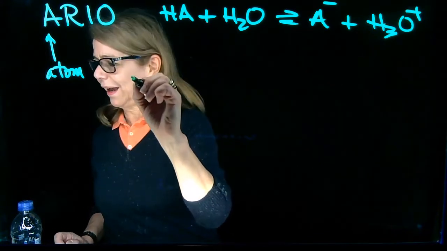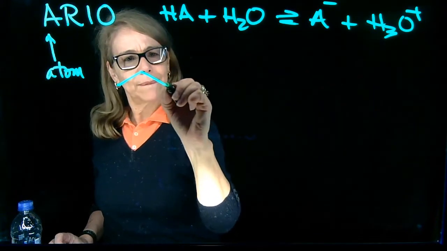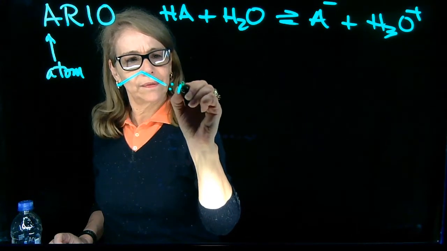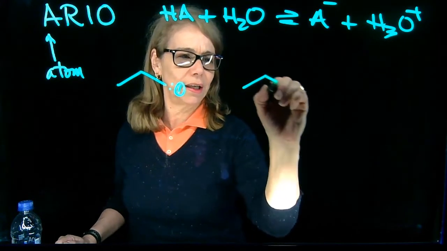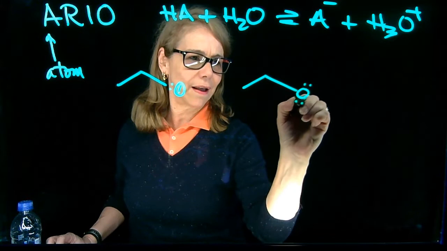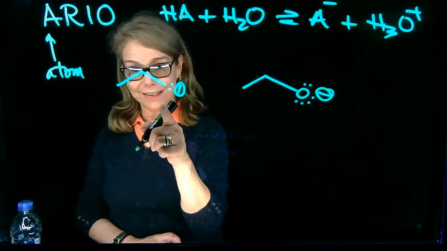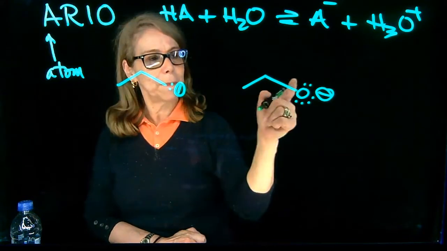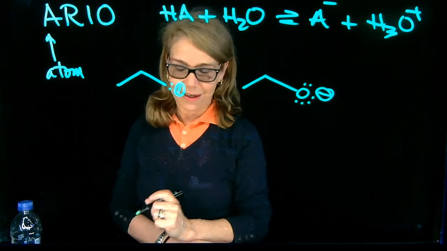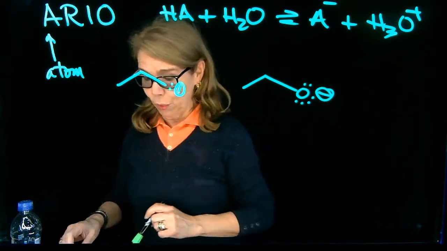Say that I have this with a negative charge and now that. Now here, what we're saying is that the negative charge is on a carbon. Here the negative charge is on an oxygen. Oxygen means more electronegative.